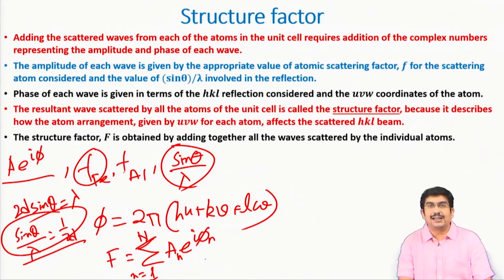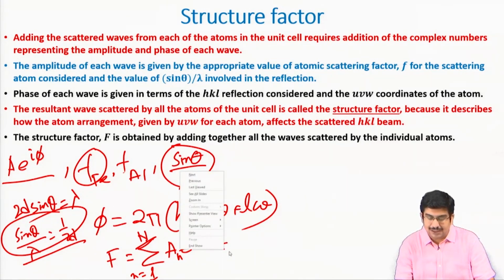So, this one is the general wave and we are just summing it over all the atoms present in that unit cell, and that gives me the ultimate expression for this diffracted beam coming out of this unit cell.